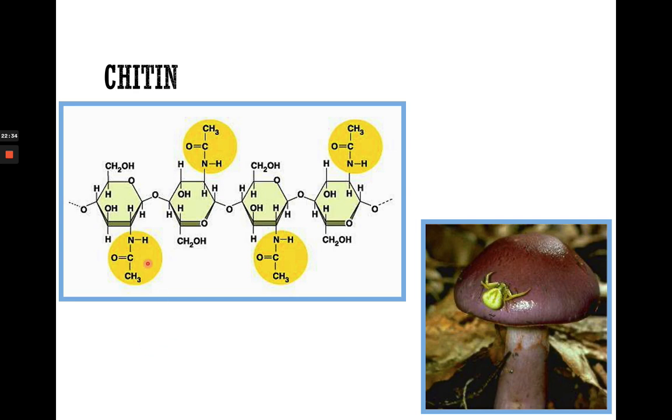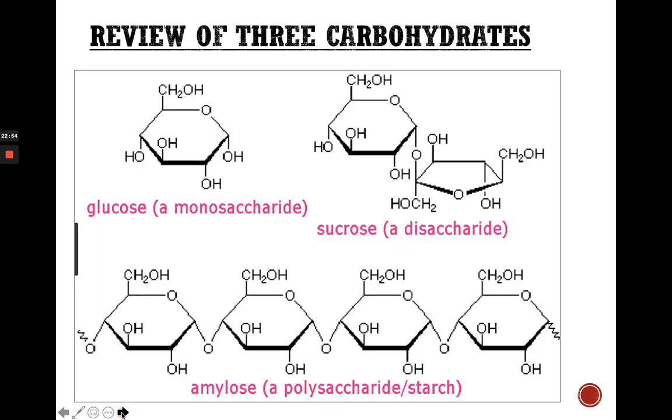But if you take chemistry or biology, you're going to recognize that these are an amide bond right here, the C double bond O with a nitrogen. This OH right here is called a hydroxyl. This is an ether linkage right here as you look at an oxygen bonding between two molecules. Just an FYI.